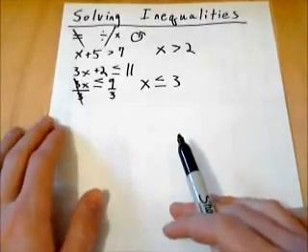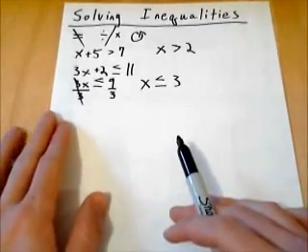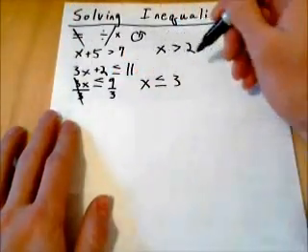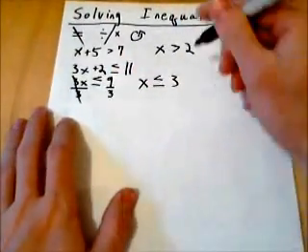But if we plugged in anything that is greater than 3, we would not get a true statement. For example, let's take 4 and plug it back in. I just want to show you that it works this way.